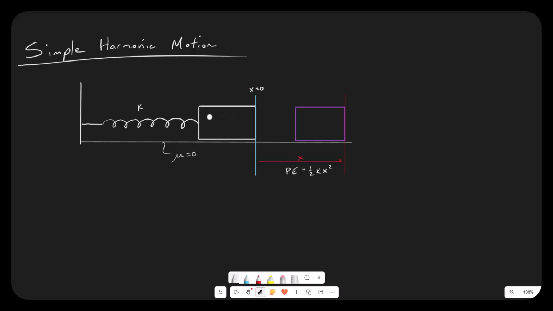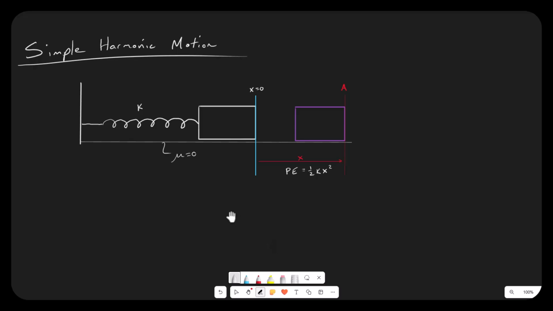I will keep moving, slowing down further and further, until I reach the same compression distance as my original stretch. At that point, all my energy will be potential again, and I will have come to a stop. And I'll just bounce back and forth between those. Because that's the outer limit of where I'm going, that means this initial stretch must be my amplitude.